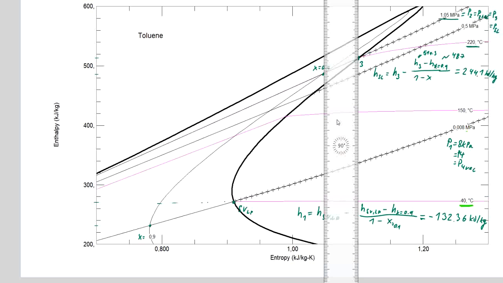So the entropy is over here. Its value is 1.1 kilojoules per kilogram and Kelvin.